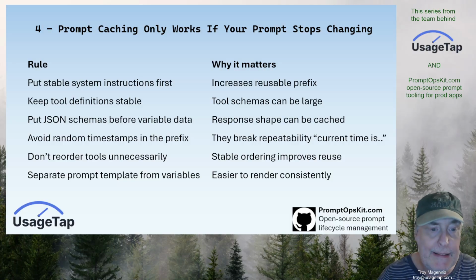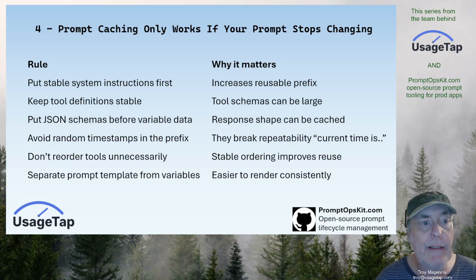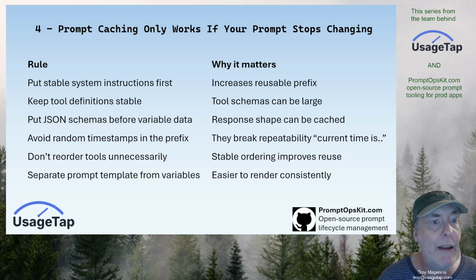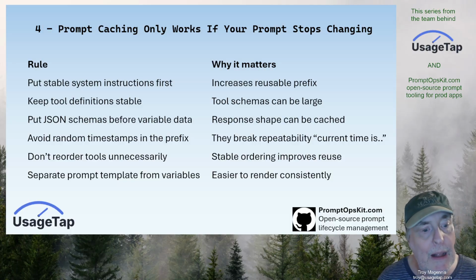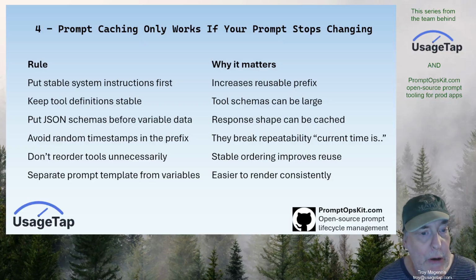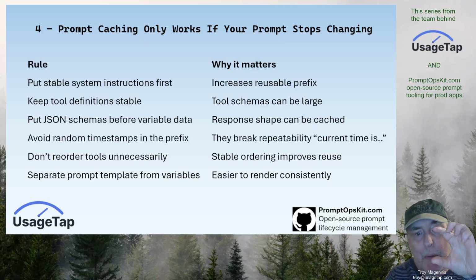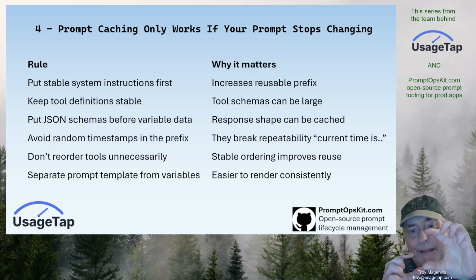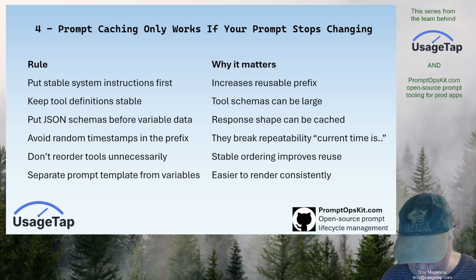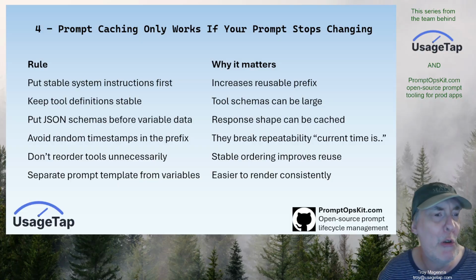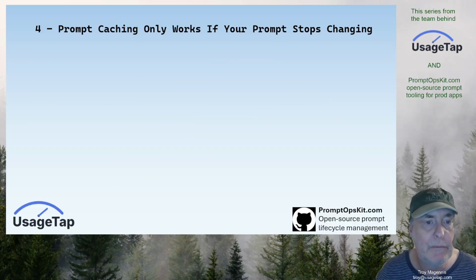Putting it in is, A, redundant, and B, going to stop prompt caching working, because you're never going to issue a call at exactly the same time. So again, we went through tools and reordering, and through separating the part of the prompt that is always consistent from the part that changes.